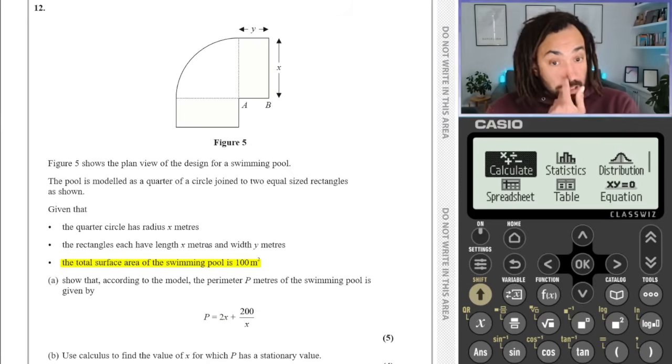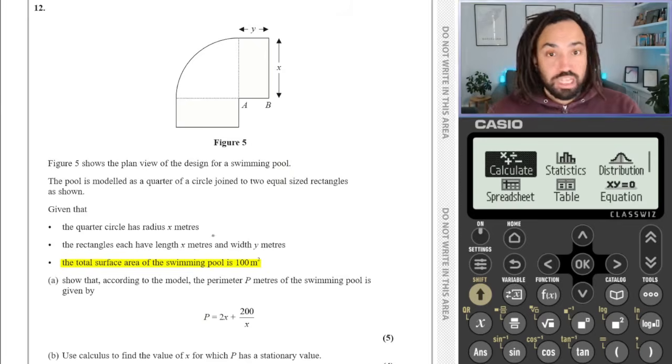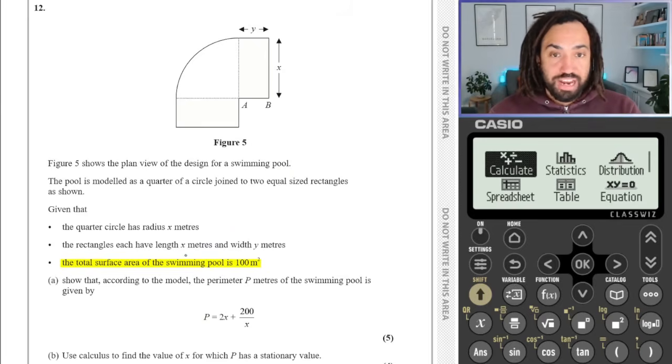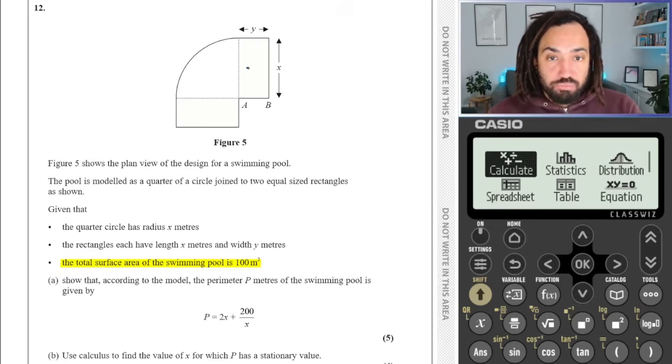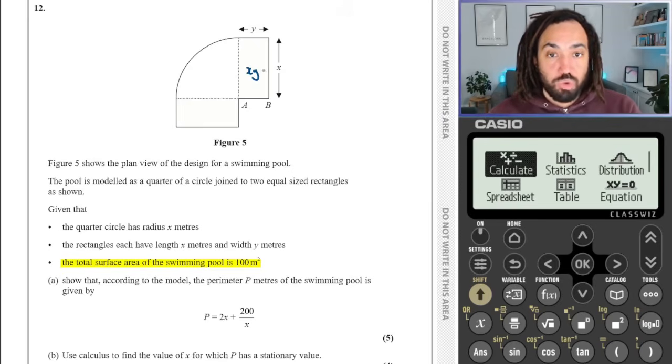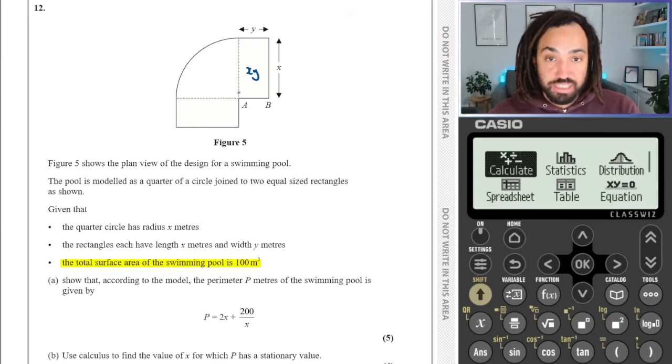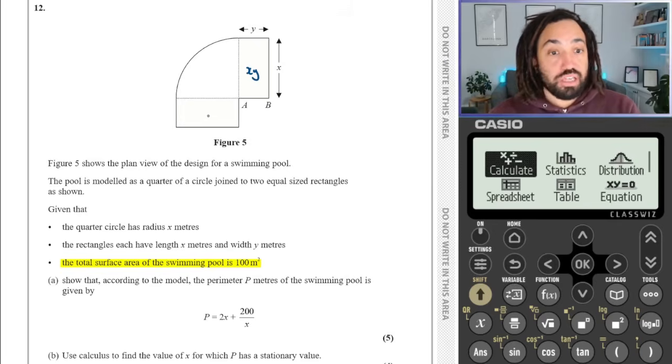So let's start by working out a formula for the area. Well, this part is clearly just x times y, and because this is a quarter circle, it means that this distance here is the same as that distance there, which is x.